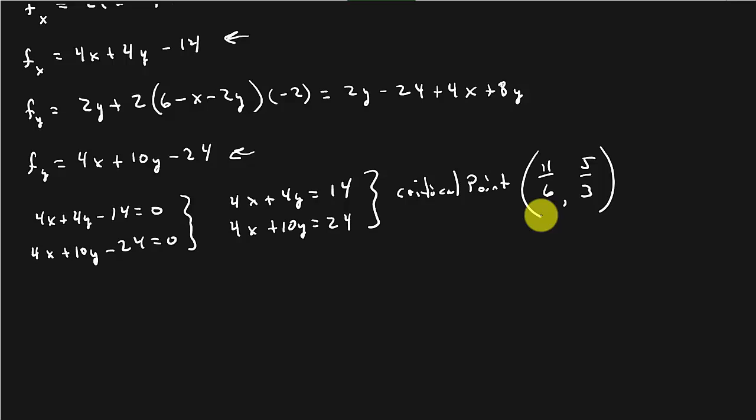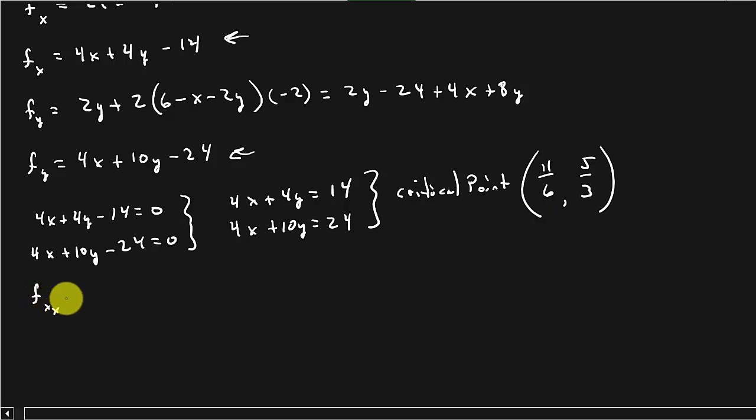Okay? All right. So now we need the second partial with respect to x. So that's the partial of this with respect to x. That's going to give us 4. And then we need the second partial with respect to y. That's going to be what? 10. And then we need the partial with respect to x, y.